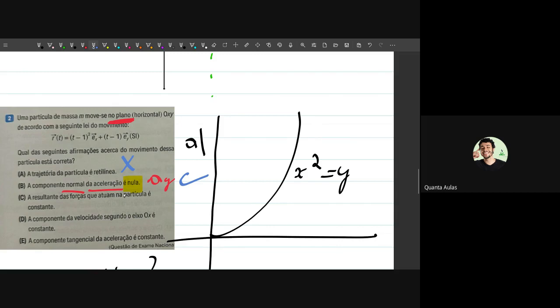The sum of the forces in this particle is constant. To understand this question, first you need to understand Newton's second law, okay? But I don't have more space in this board, so I need to open another.